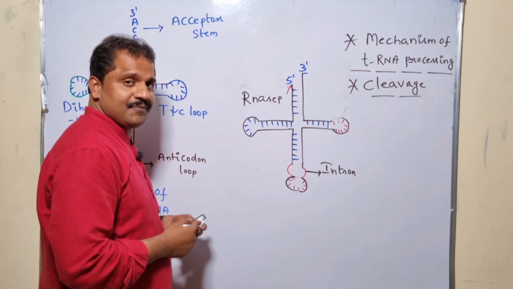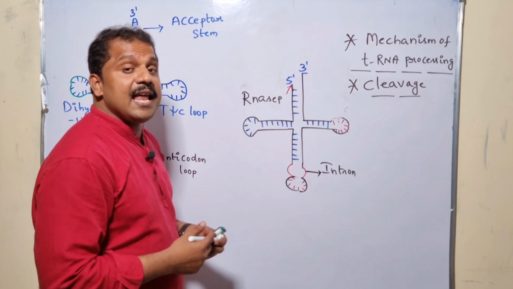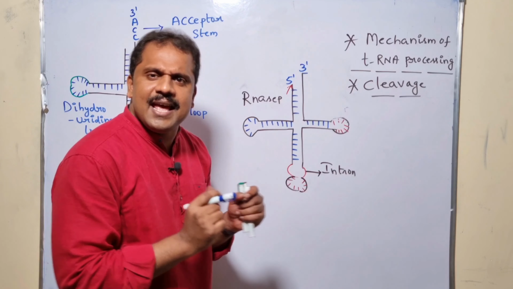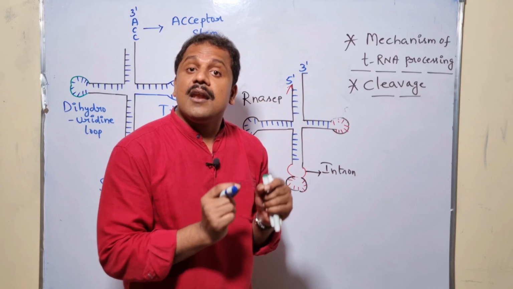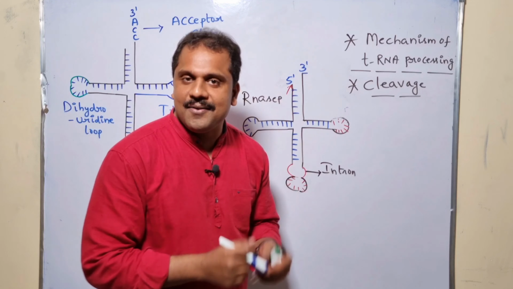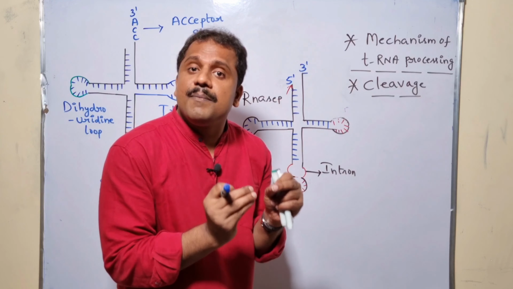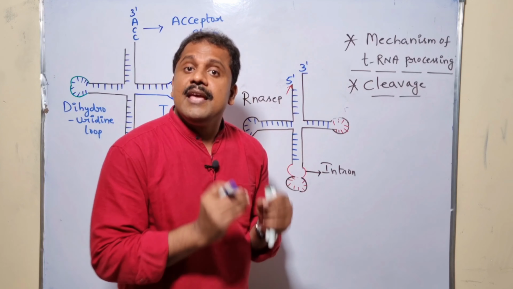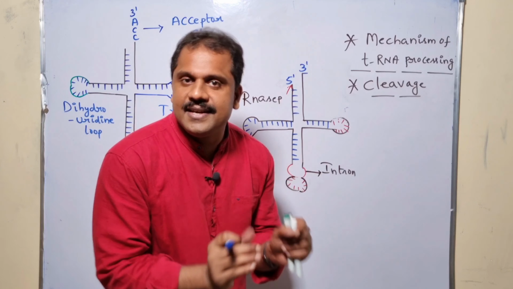Is it clear? So if we consider the particular tRNA structure, like the rRNA and mRNA, even the tRNA possesses non-coding sequences, the introns. The introns which are a part of the tRNA structure won't undergo splicing by taking the advantage of transesterification reaction.